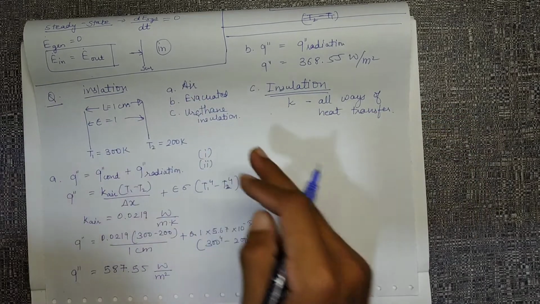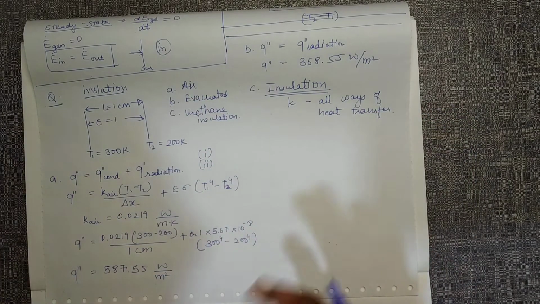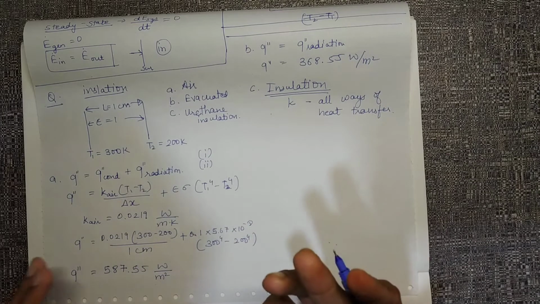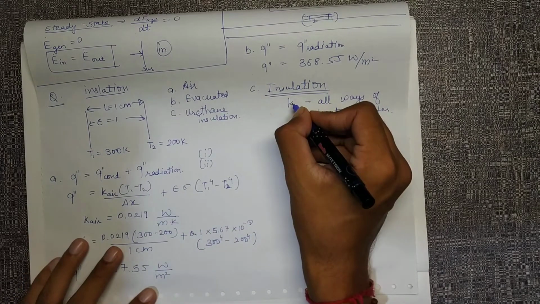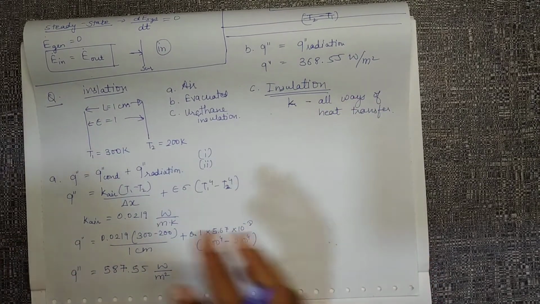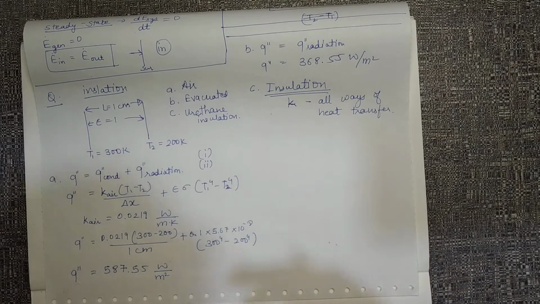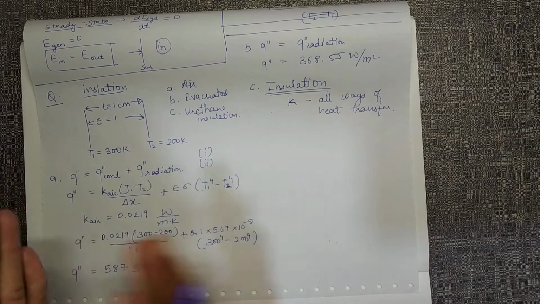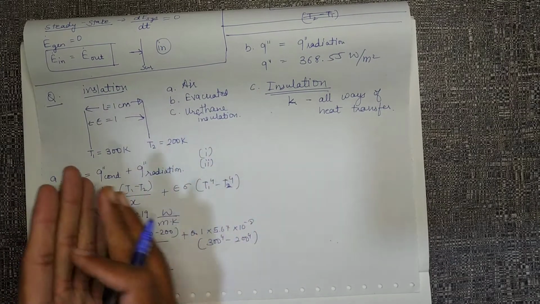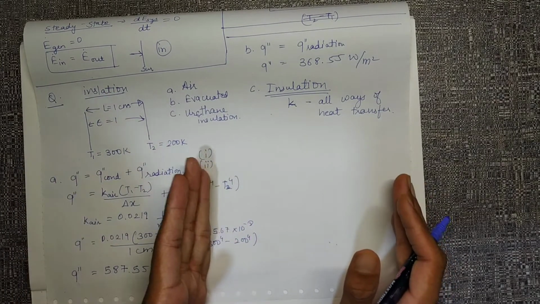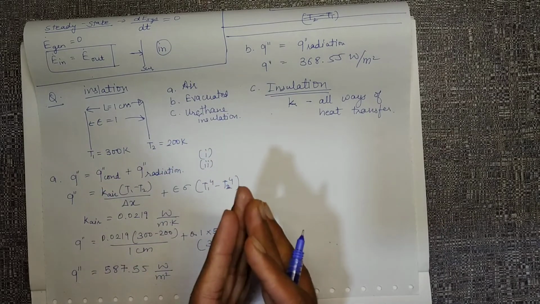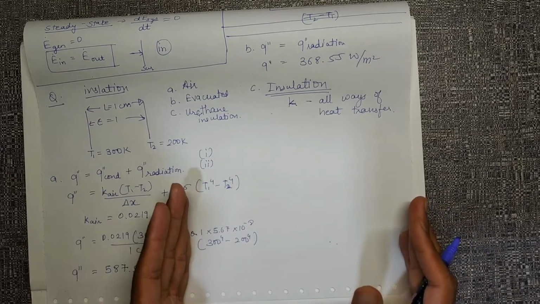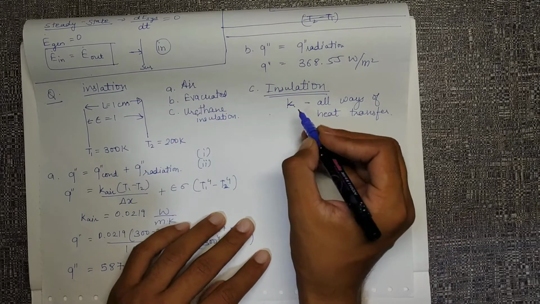We know if the insulation is porous, there will be some air or some other fluid in it, but whatever k value is given in the reference or textbook, that k value takes care of all the conduction, all the radiation, and all the convection which can occur through the insulation.